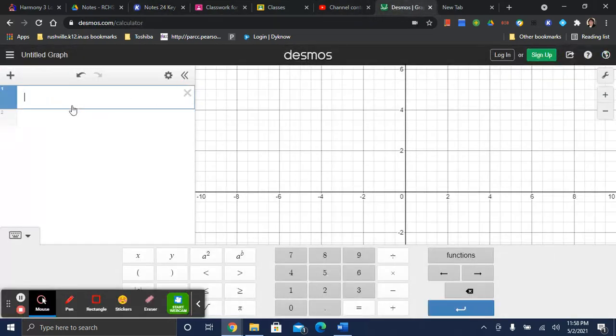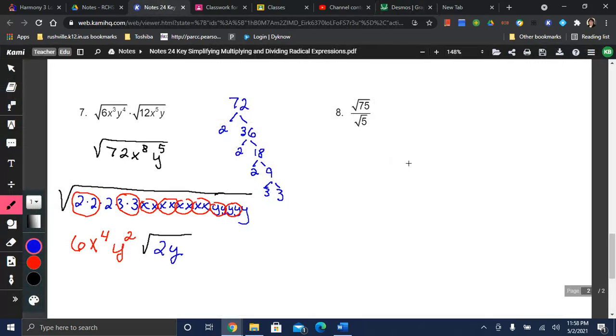So in case you don't know that, you can always go to Desmos. 75 divided by 5. That gives you 15. And that division is staying inside the radical sign. So that becomes the square root of 15.